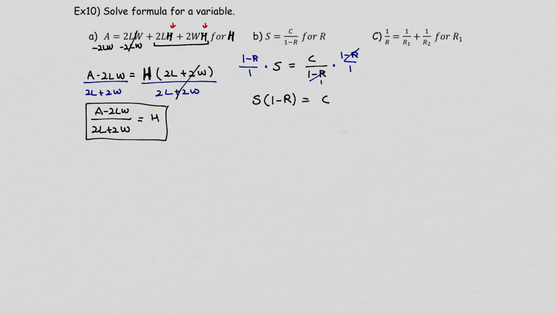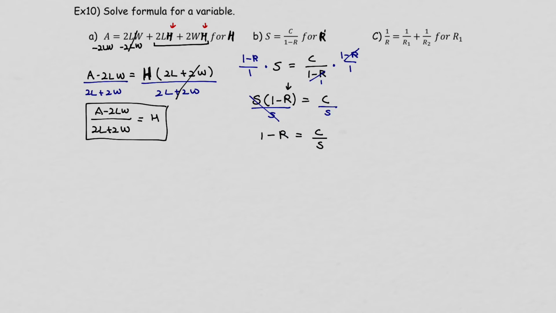Once there are no more fractions, then I want to see what I'm solving for. I'm solving for r. I can locate that and isolate it. So I will divide everything by s first. Then I get 1 minus r equals c over s.